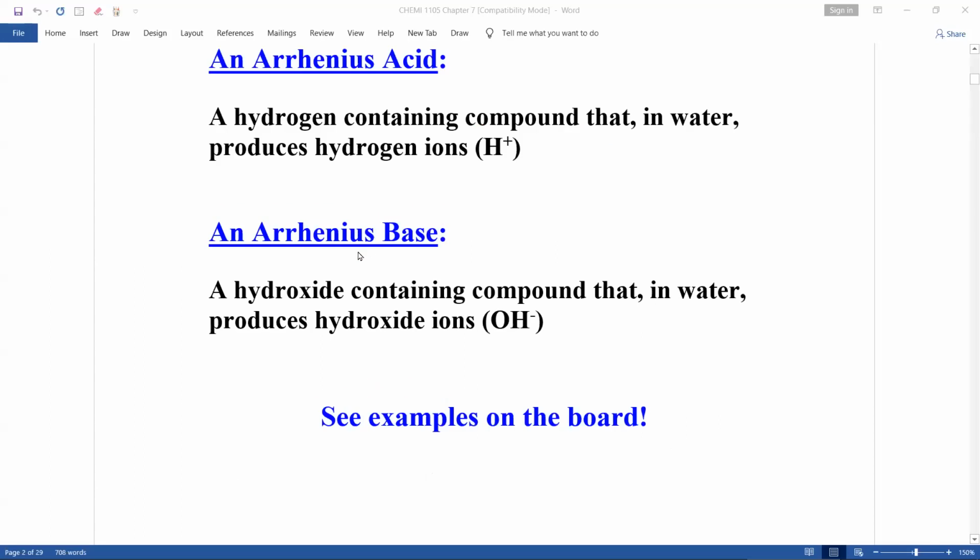And an Arrhenius base is a hydroxide-containing compound, OH minus, that in water produces the hydroxide anions, or ions.